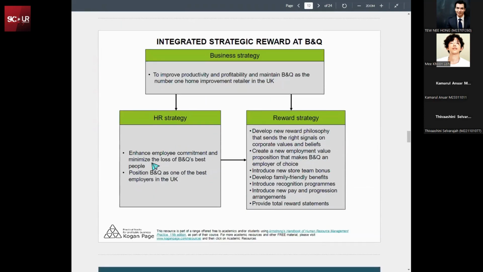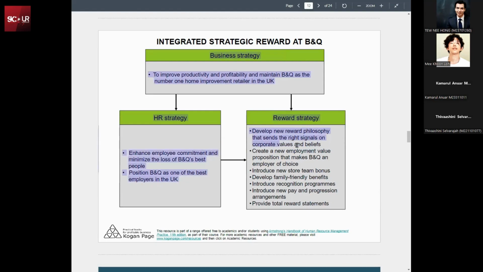So the HR strategy: enhance employee commitment and minimize the loss of B&Q's best people, minimize turnover. Okay. Position B&Q as one of the best employers in the world. So more towards the environment. Okay, so what is the reward? They want to develop a new reward philosophy and rationale tied to corporate values.